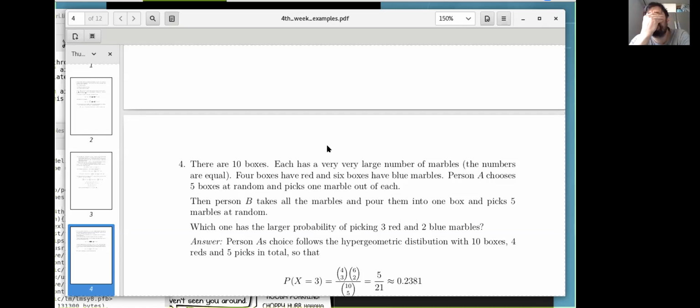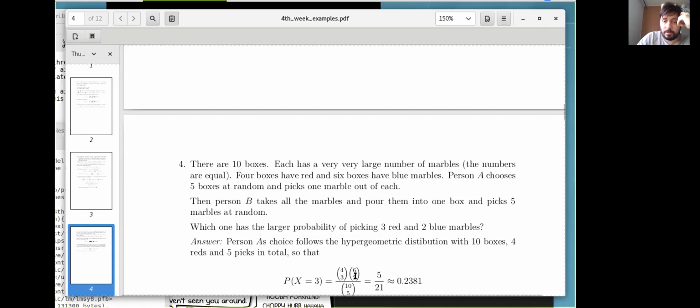So this is the answer. So first of all, person A will follow the hypergeometric distribution. There are 10 boxes, 4 reds, and 5 picks in total. So 6 non-reds. So the hypergeometric distribution gives us, you choose 3 out of the 4 boxes to get the 3 reds, and 2 out of the 6 boxes to get the 2 blues.